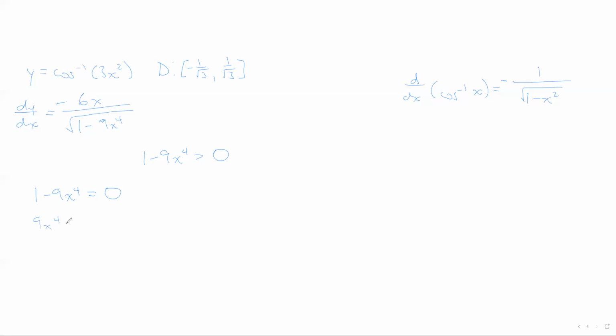So I got 9x to the 4th equals 1. X to the 4th equals 1/9, and then x equals plus or minus the 4th root of 1/9, which hopefully you just let me tell you that this is equal to 1 over radical 3.